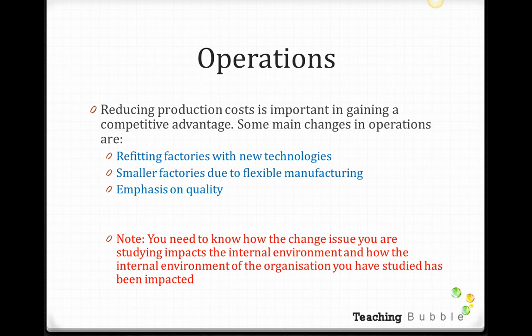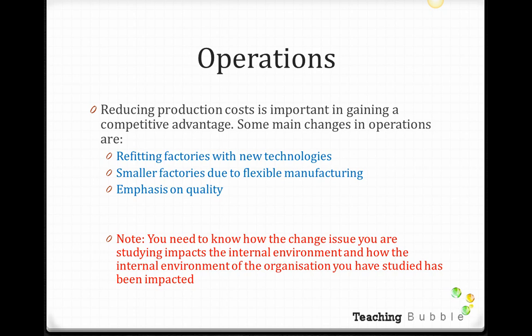So everything that we went through in terms of operations, in terms of quality, technology, facilities, and, what's the other one? Materials management. All that may be affected due to particular changes. That change could be from the external environment or the internal environment, but anything that an organisation is trying to implement will impact on the operations of the organisation.